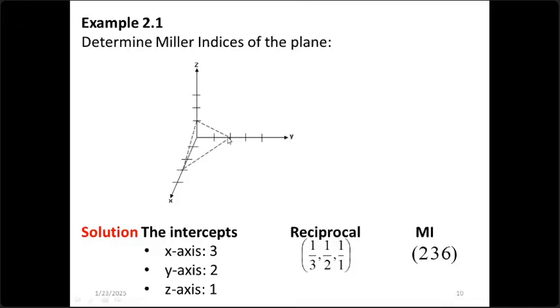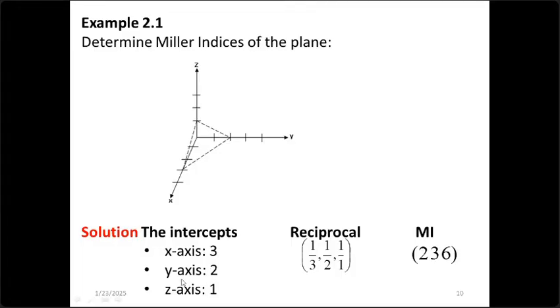So we can say this plane is intersecting the y-axis at 2 units. You can see I put 2 there. It is intersecting the x at 1, 2, 3 at 3 units, then z at 1.